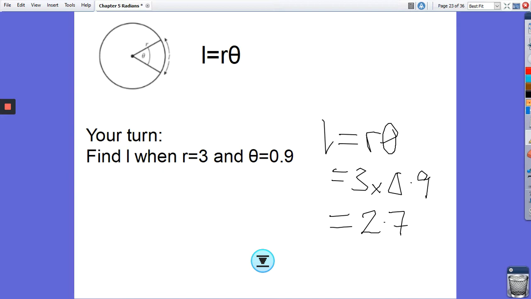Theta, of course, does matter, but it's in radians. But I guess r could be whatever unit that you want it to be. Okay, so that's really, I hope, straightforward.